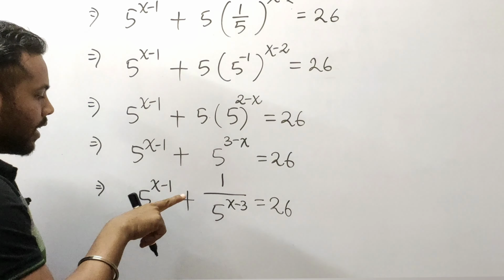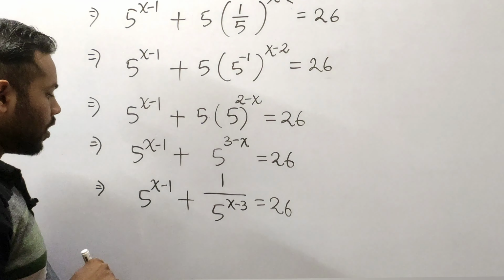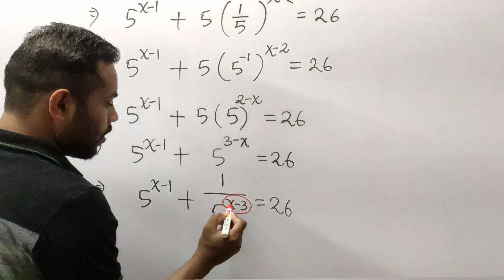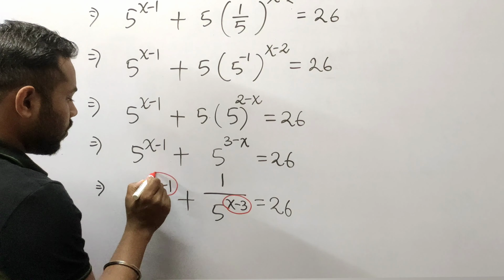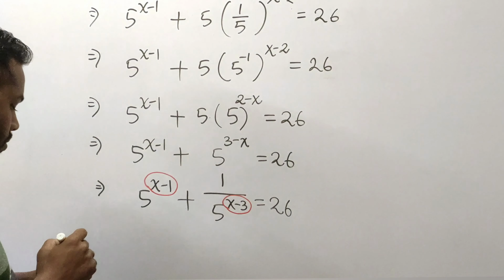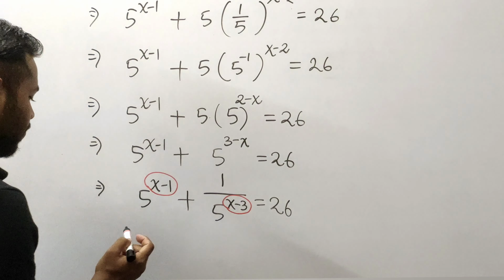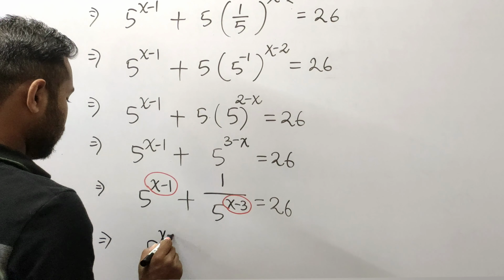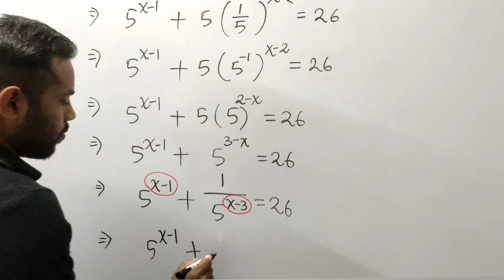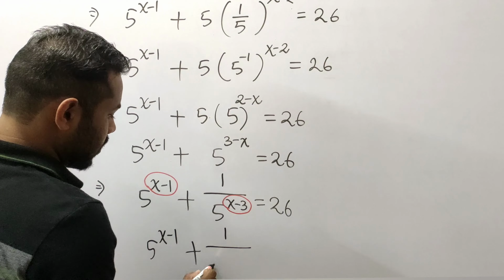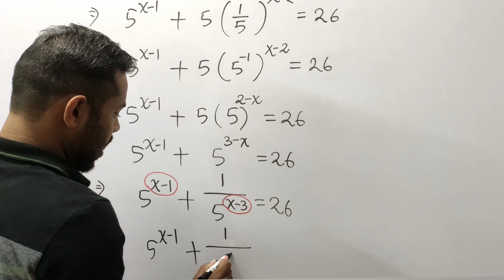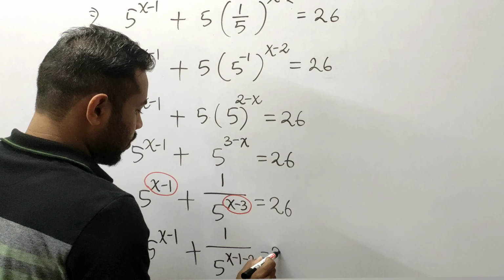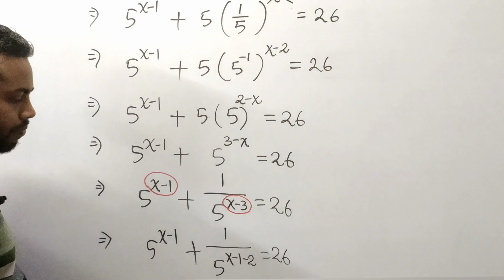Now here the main technique lies. What I'll do, I'll try to convert this one in the form of this one, right? How? See, in next step also, 1 by 5, this is now going to be x minus 1 minus 2, 26, right?